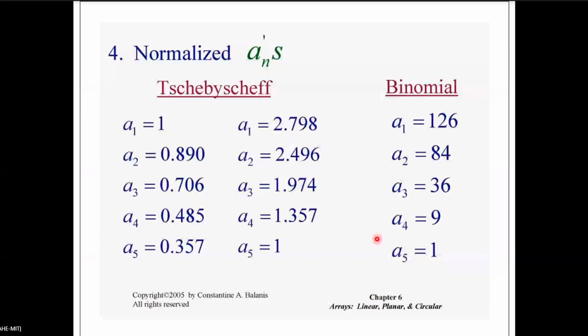Array factor of 10 is A1 cos u plus A2 bracket open 4 cos cubed u minus 3 cos u, plus A3 bracket open 16 cos to the power of 5 u minus 20 cos cubed u plus 5 cos u bracket close, plus A4 bracket open 64 cos to the power of 7 u minus 112 cos to the power of 5 u plus 56 cos cubed u minus 7 cos u bracket close, plus A5 into 256 cos to the power of 9 u minus 576 cos to the power of 7 u plus 432 cos to the power of 5 u minus 120 cos cubed u plus 9 cos u. Have you got this, all of you?